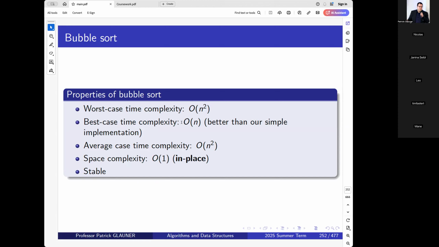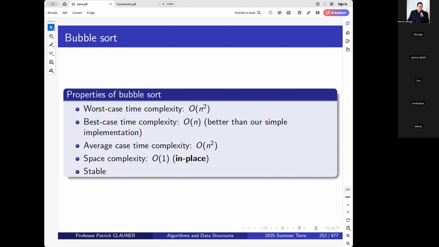The one we have implemented also has a best case time complexity of O of n squared. If you improve bubble sort a little bit, the best time complexity will be O of n. That's actually something in the coursework you will see later, how we can improve this best case a little bit. But the average case time complexity is still O of n squared.